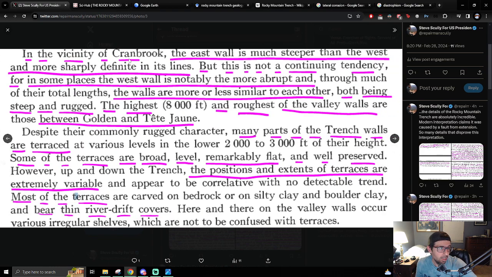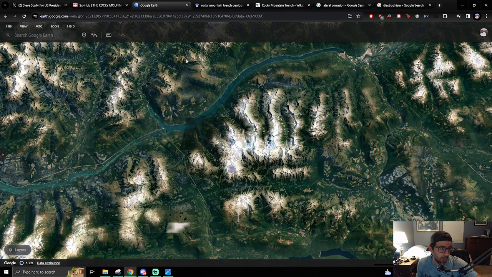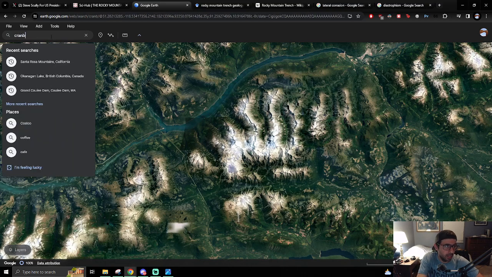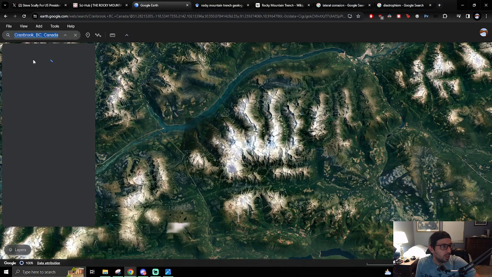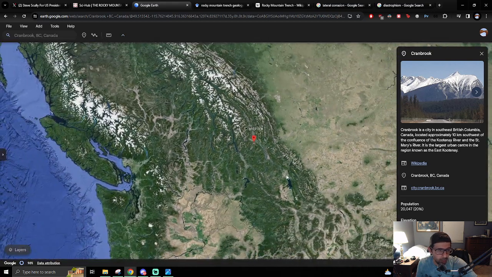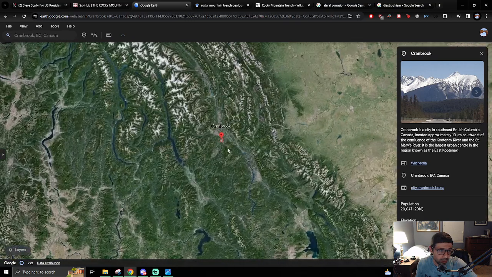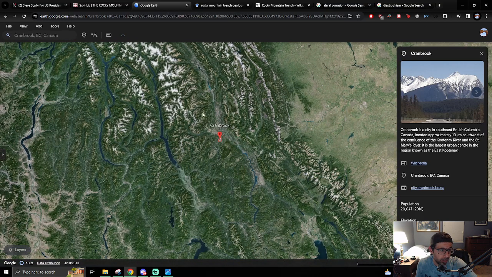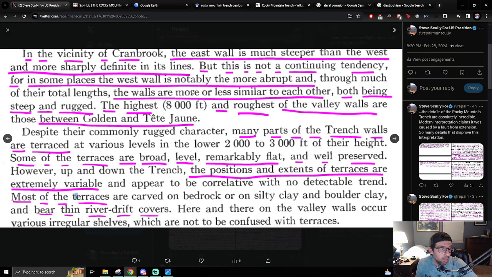In the vicinity of Cranbrook, let's see where that is real quick. So very nearing the Flathead Reservation area. In this area, the east wall is much steeper than the west and more sharply definite in its lines.